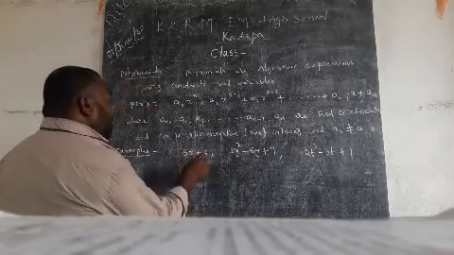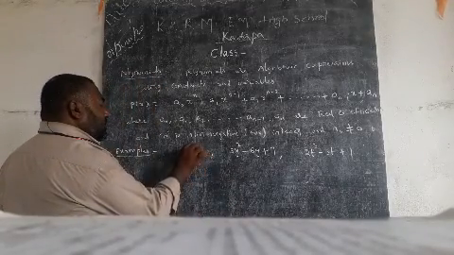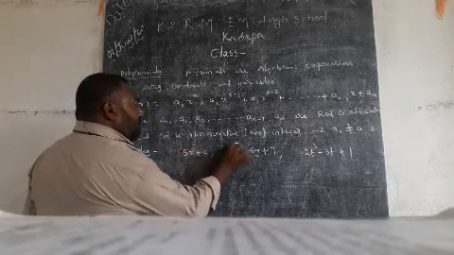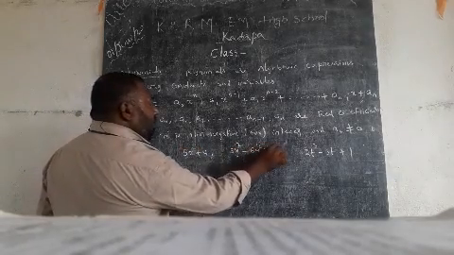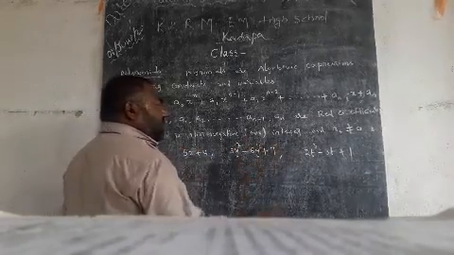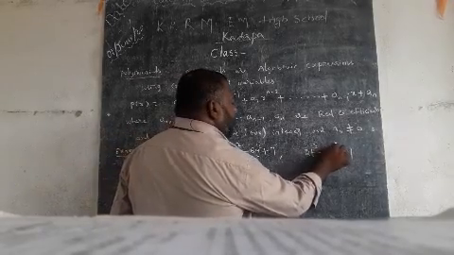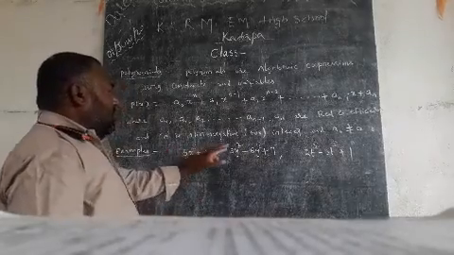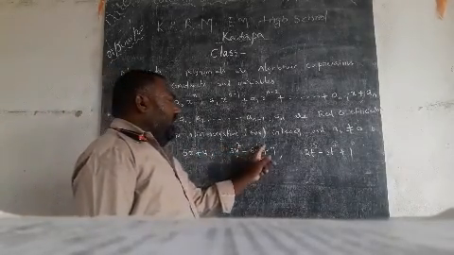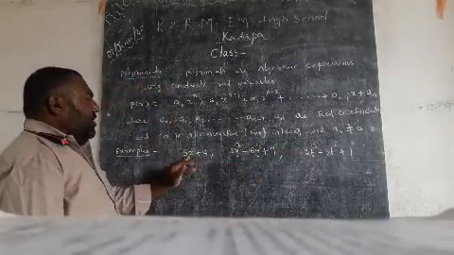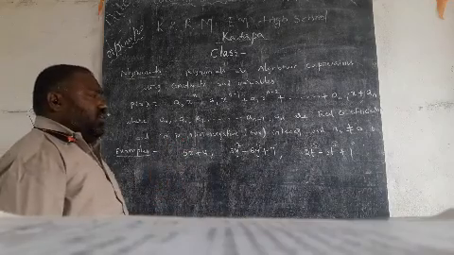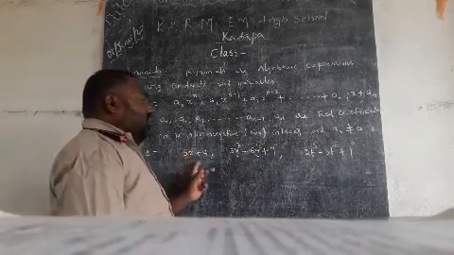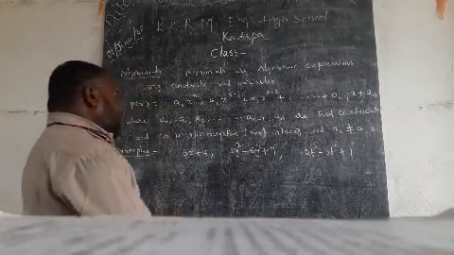Here the powers of the variables are non-negative integers, like 2, 1, 0. So powers of the variables are always non-negative integers, and we consider these as polynomials.